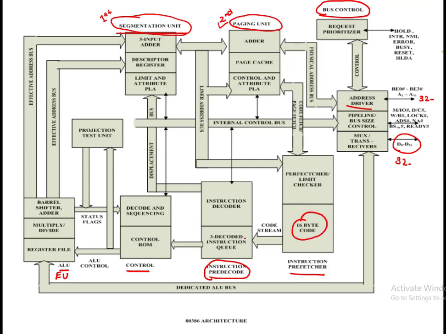Then it is sent to the instruction decoder. The instruction decoder can store 3 decoded instructions, and then it is sent to the control unit. The control unit will initiate control signals to the ALU. The ALU contains register files, multiply and divide operations, a barrel shifter, and adder operation.